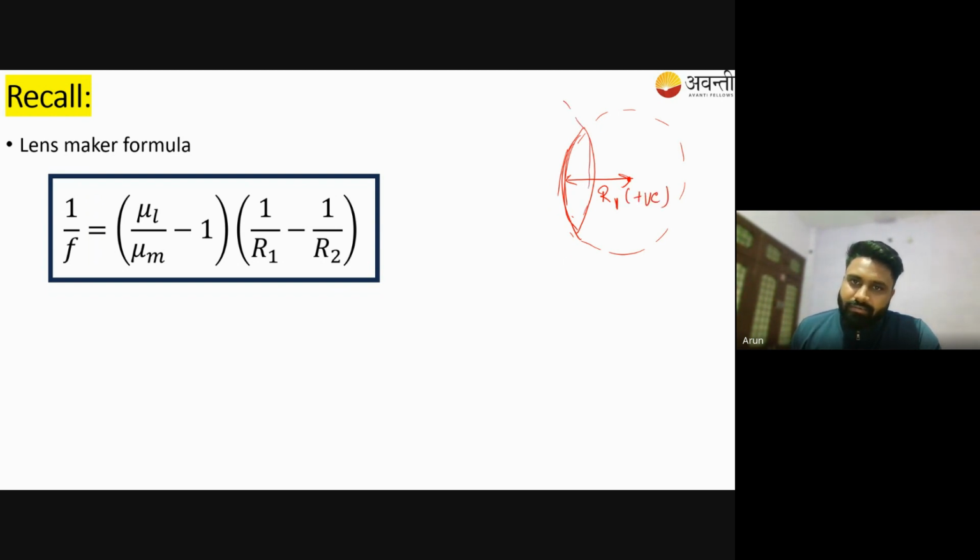But this surface is a part of a sphere whose center lies here. So this r2 would be measured in the direction opposite to the incident rays, so you can say this would be measured as negative. Okay, got it? So this is the lens maker formula that we have.